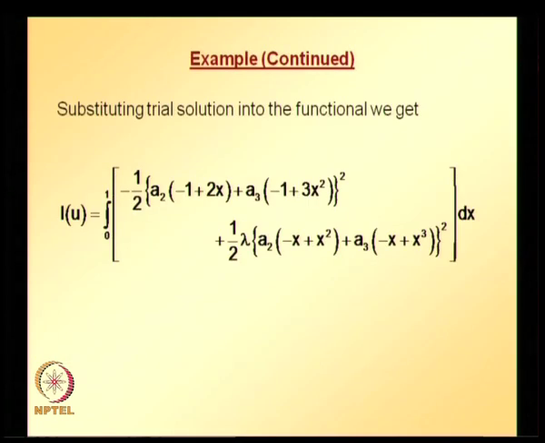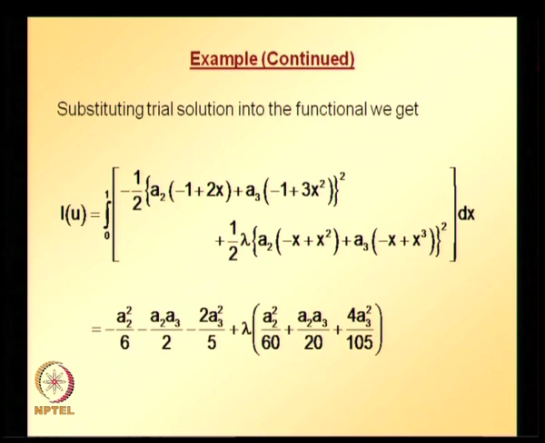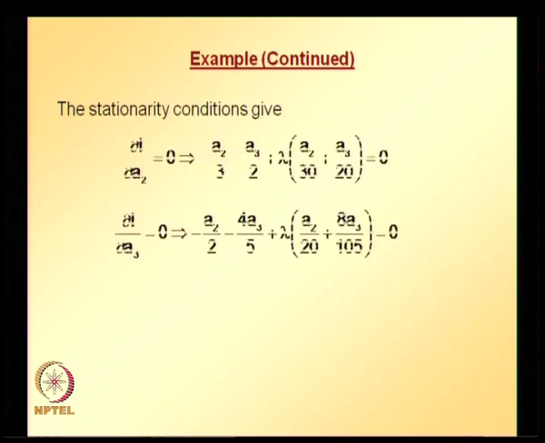Substitute this admissible trial solution into the functional. The functional is going to become a function of the unknown coefficients a2 and a3. So you get this as a function of a2 and a3. The next step is to apply the stationarity conditions.